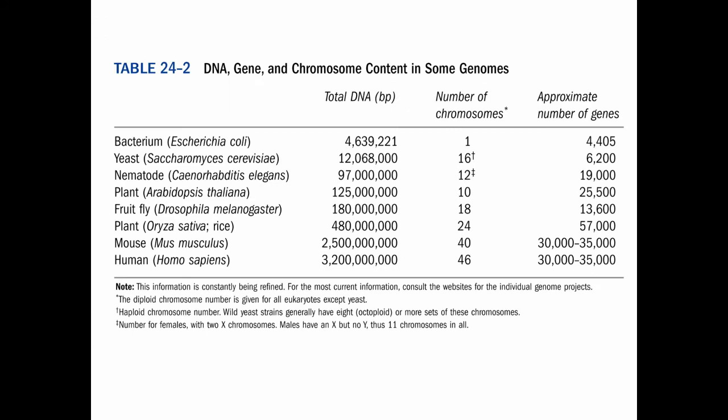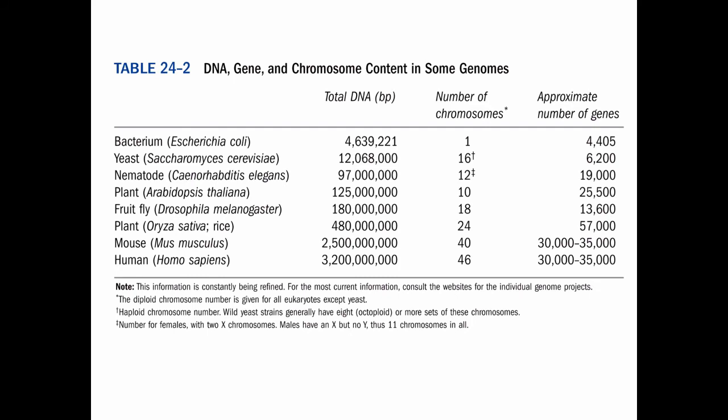Okay, so this table compares the total amount of DNA as well as the number of chromosomes and number of genes for these different types of organisms. If we look at the simpler organisms, such as yeast and bacteria, we see this trend in that these simpler organisms have fewer genes and less DNA.